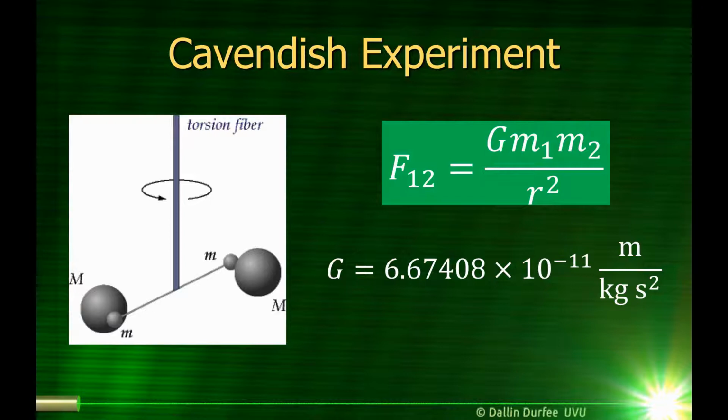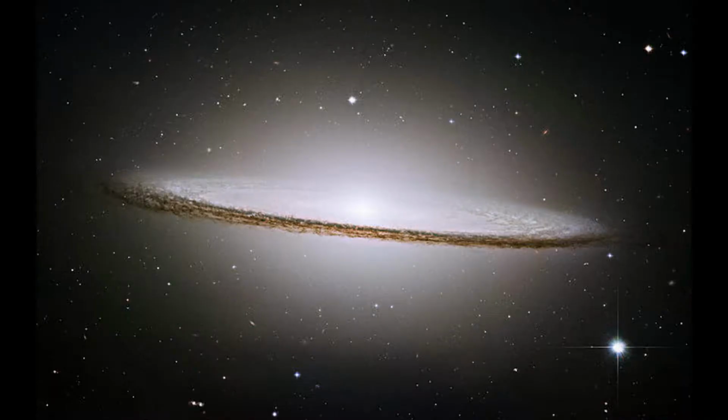But we can get it, and now knowing what that gravitational constant is, we can look out into the universe and use this law of gravity to figure out how much mass there is in different places, figure out how planets move around stars, how stars move around each other, how stars move around the black holes at the center of the galaxy. Einstein came along and advanced our understanding of gravity, and now we've got black holes, and we have light being bent by gravity.